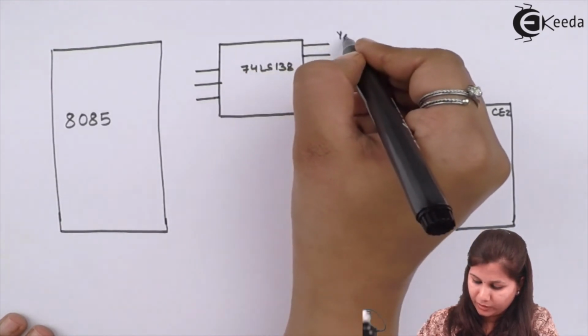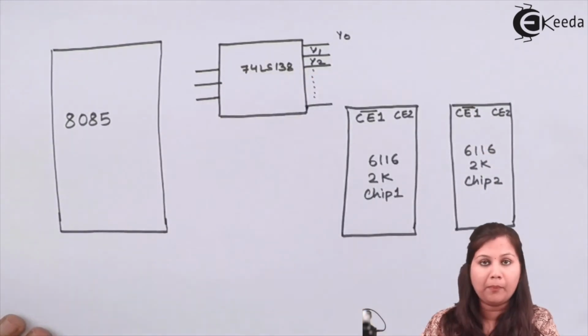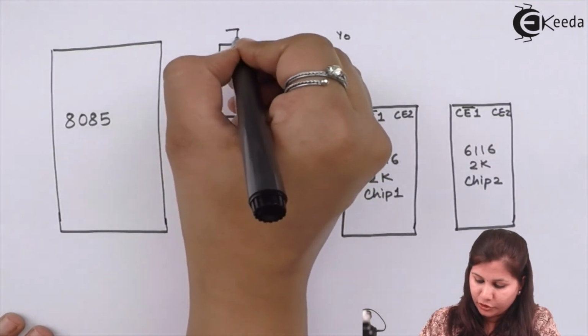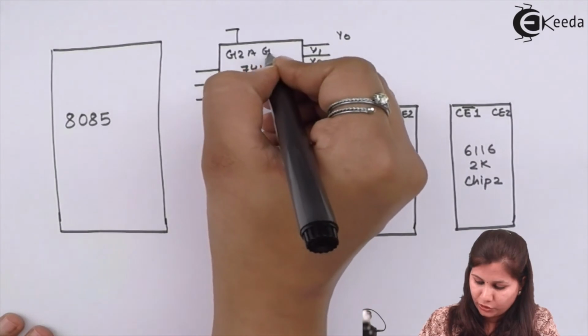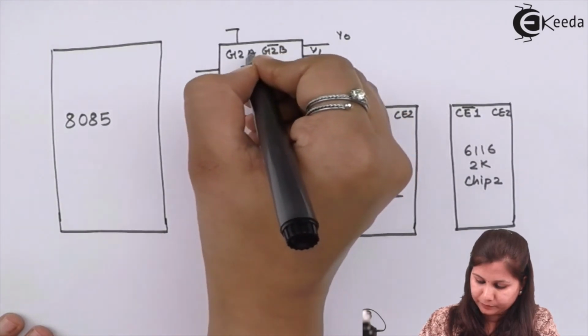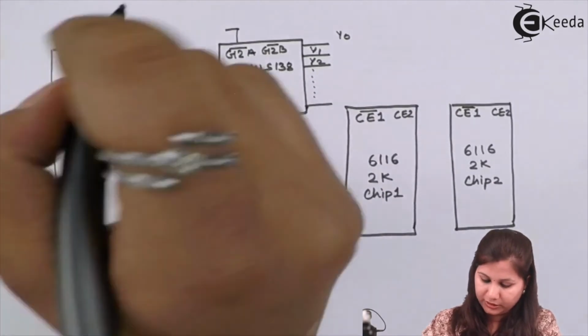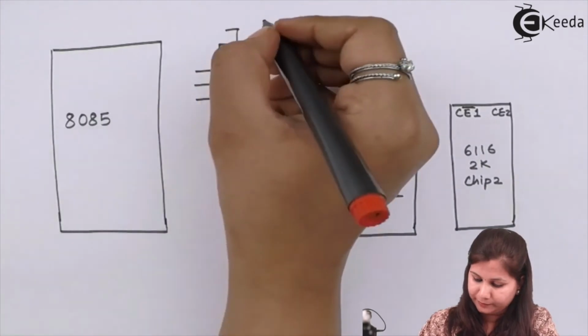This is Y0, Y1 and Y2. This decoder also has chip select lines G2A and G2B, which are active low, and another active high line, G1.